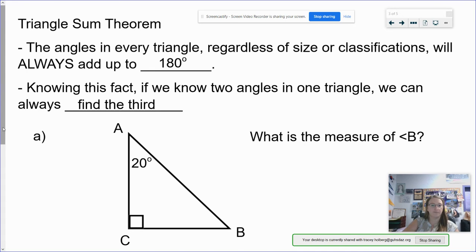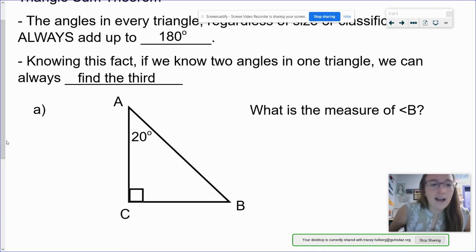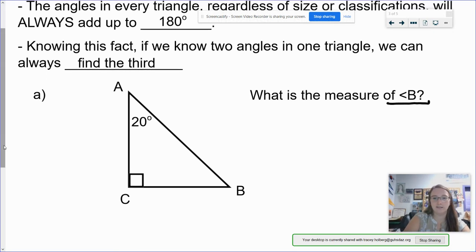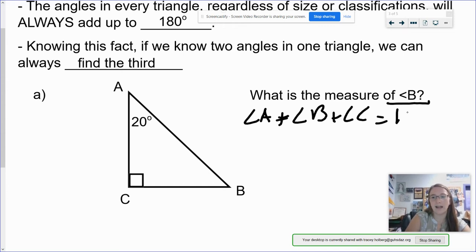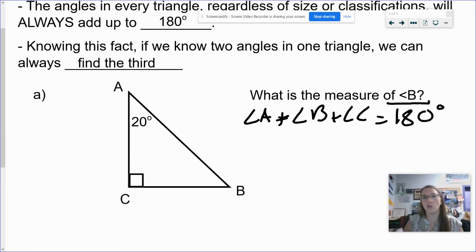Let's go ahead and look at this. So we're trying to find the measure of angle B. So what I know is angle A plus angle B plus angle C equals 180. I know for sure, guaranteed, all 3 angles in a triangle add to 180.